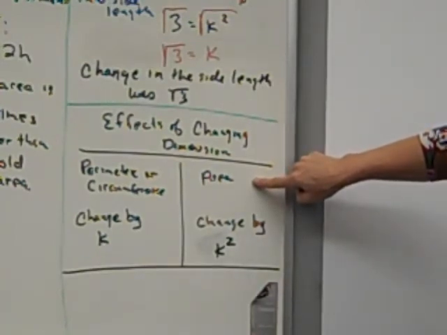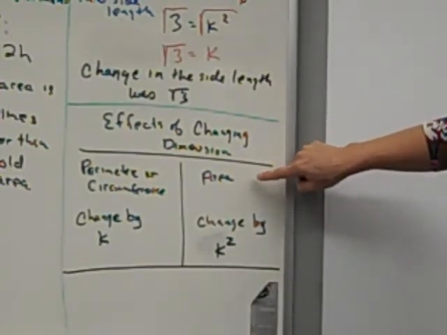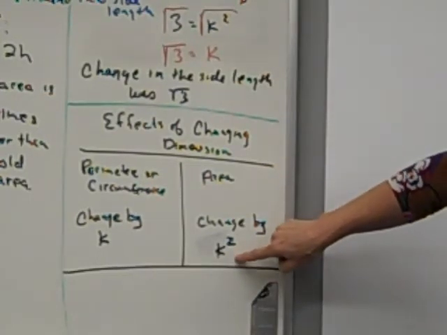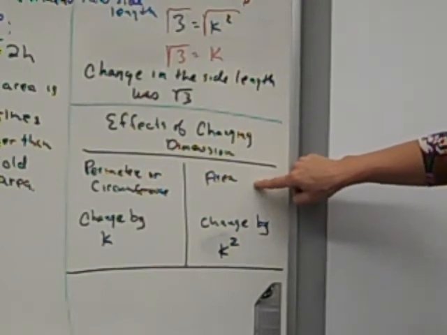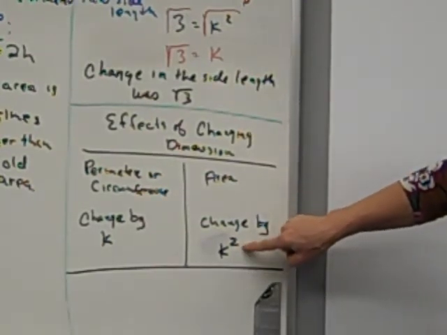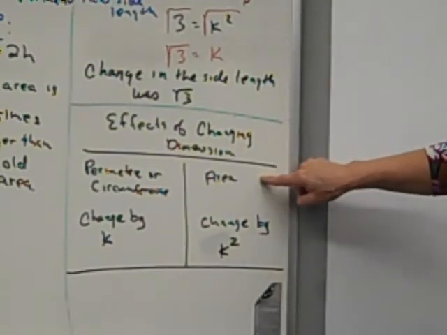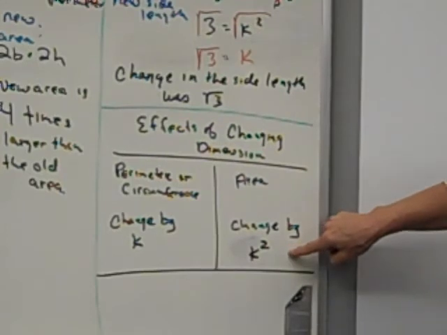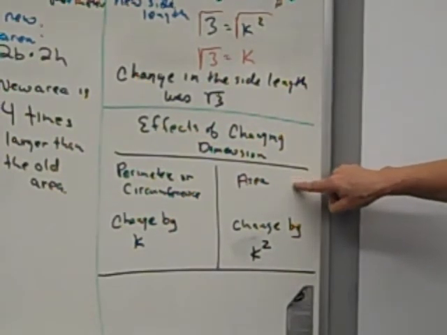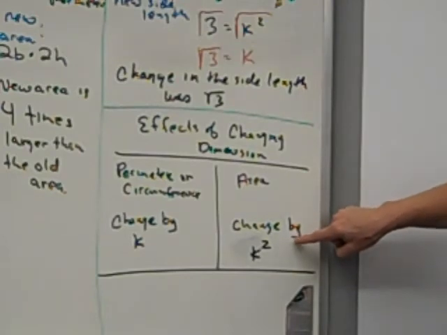If you've got 2 dimensions that you're both multiplying, then your change is going to be whatever you're changing by squared. So if I multiplied my dimensions by 3, the area change would be 3 squared, or 9. If I multiplied by 4, the area change would be 4 squared, or 16. And if I multiplied by a half, the area change would be 1/2 squared, which is 1/4.